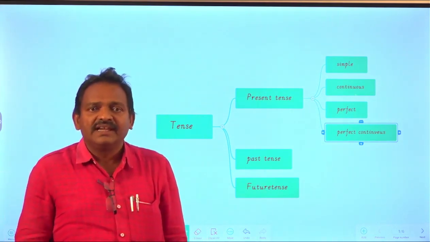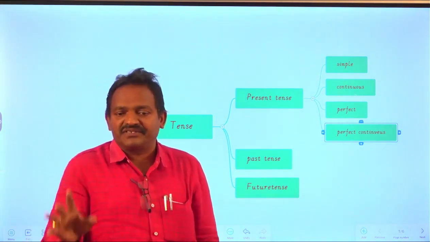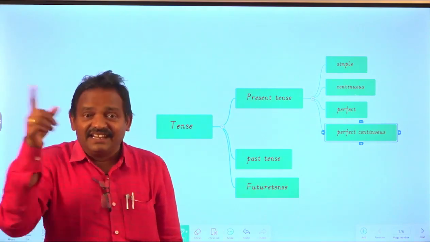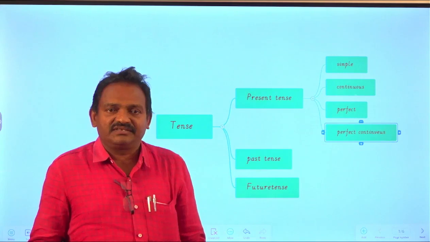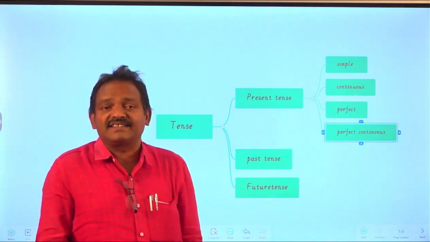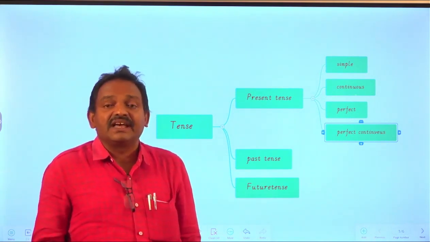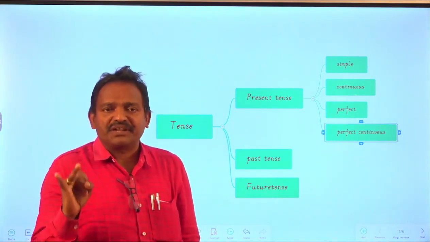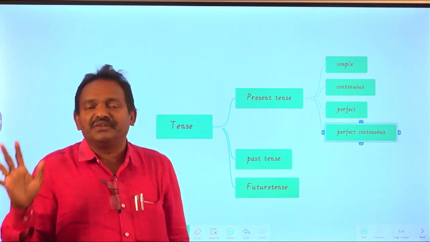Yes, okay. These are the three tenses: present tense, past tense, future tense. Again, these three tenses are each classified into four. For example, we take present tense. There are simple present tense, present continuous tense, present perfect tense, and present perfect continuous tense.